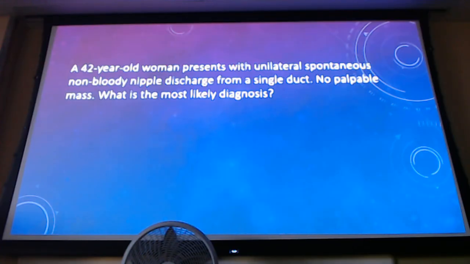All right, a 42-year-old woman presents with unilateral, spontaneous, non-bloody nipple discharge from a single duct. No palpable mass. What's the most likely diagnosis? No, unilateral. Prolactinoma? Nope. That's more likely going to be bilateral.